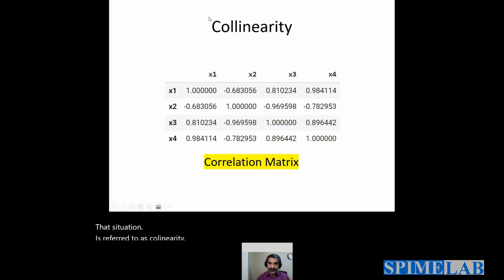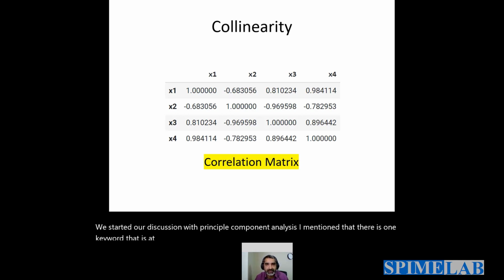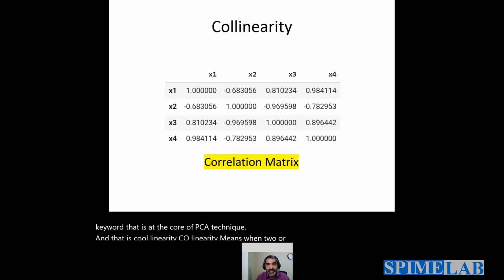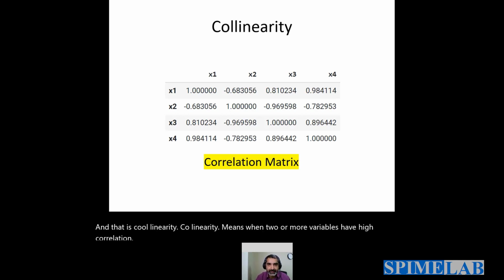We started our discussion with principal component analysis, I mentioned that there is one keyword that is at the core of PCA technique, and that is collinearity. Collinearity means when two or more variables have high correlation.